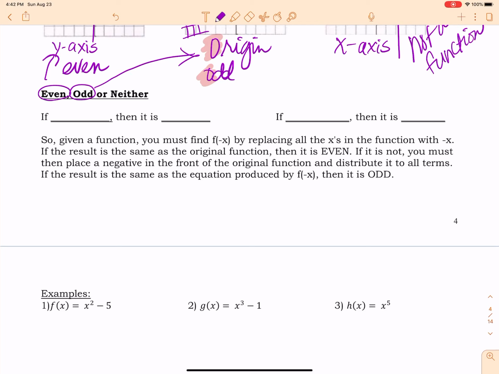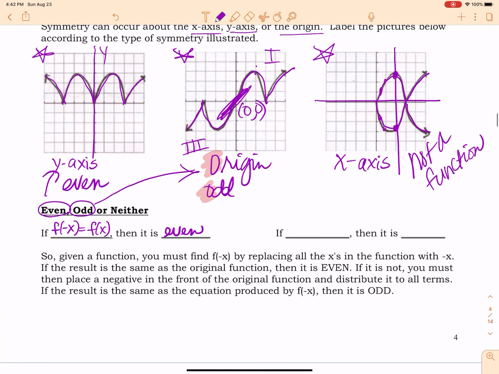Okay, so if we have f of negative x equal to f of x, then it is even. What does that mean, Miss Griggs? Well, let's look at this example right here. This ordered pair is 3, 0. This ordered pair is negative 3, 0.